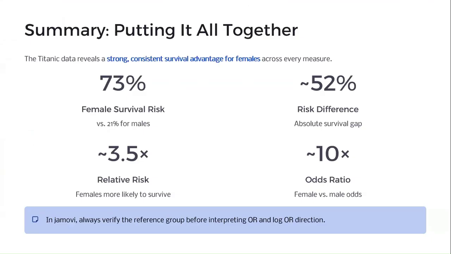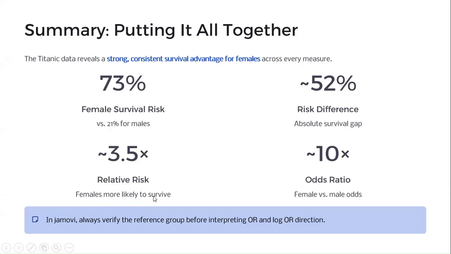To summarize, the Titanic example in Jamovi clearly shows how different measures tell the same story in different ways. The risk shows higher survival probability for females than for males. The difference in proportion shows a large absolute gap of around 40 to 50 percentage points. The relative risk tells us females were roughly 3 to 4 times as likely to survive as males.